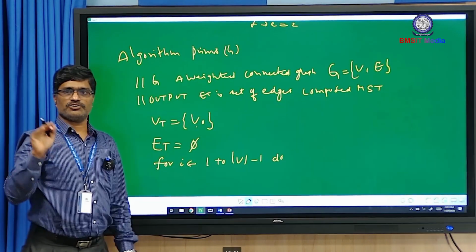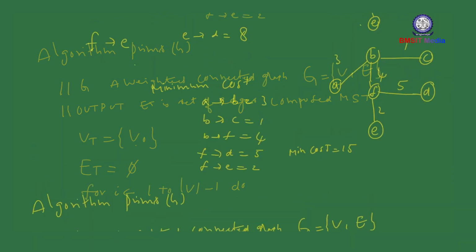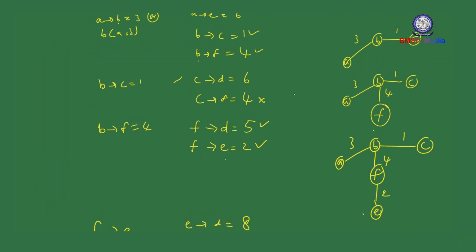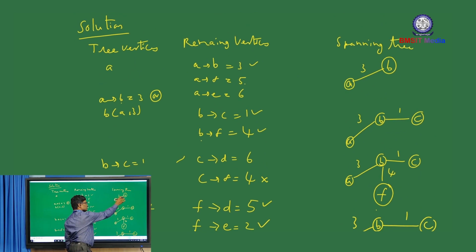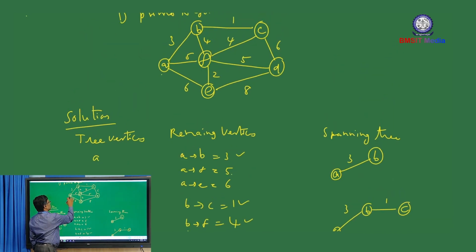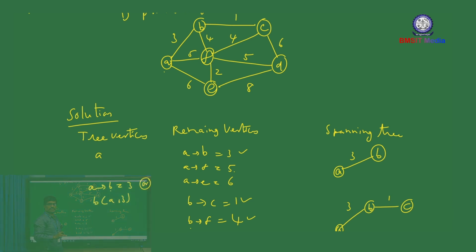From that we have to take the minimum node. I will show you here. Initially I started from the first node, so that's why we declared V0. In this, we have to find the minimum outgoing edge. That means A to B, A to C, A to D, A to E, A to F. Out of all these, we have to find the minimum element. For that we have to write the loop.